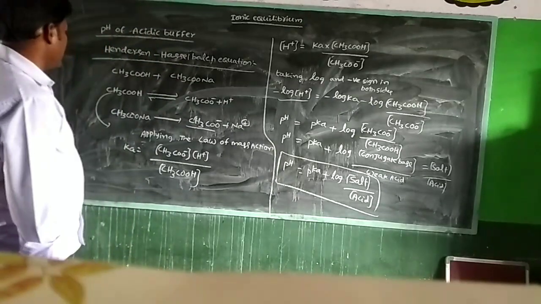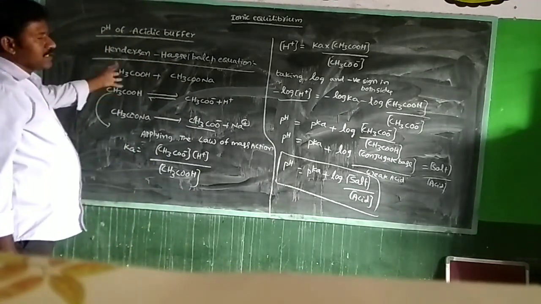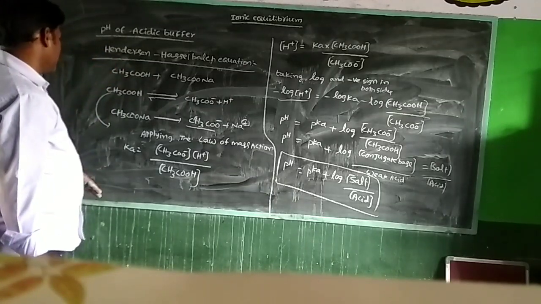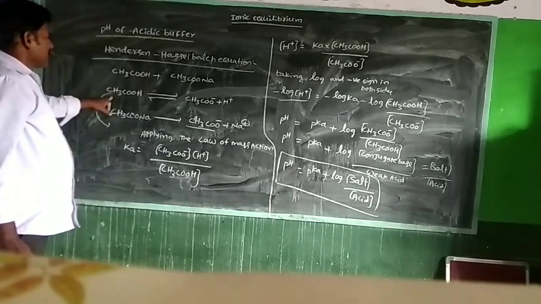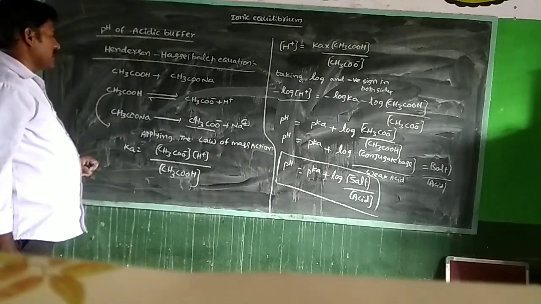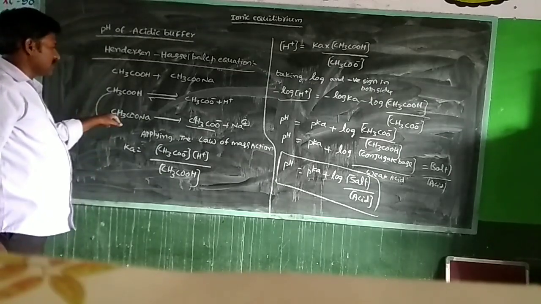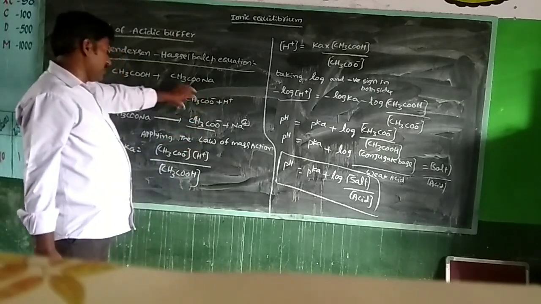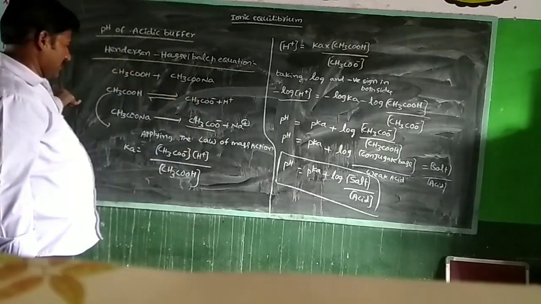Henderson-Hasselbalch equation for acidic buffer: weak acid and salt of weak acid with strong base. Here, acetic acid is dissociated to give CH3COO minus plus H plus. If the strong electrolyte is added, a common ion like acetate is present, and the equilibrium will shift in the backward direction.